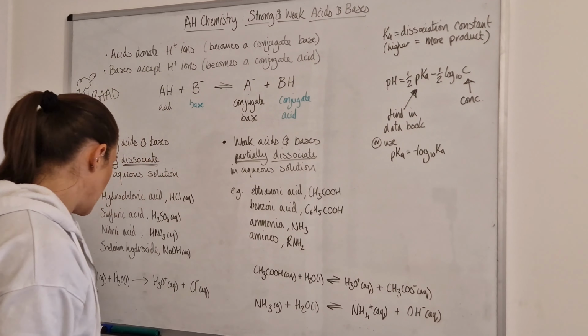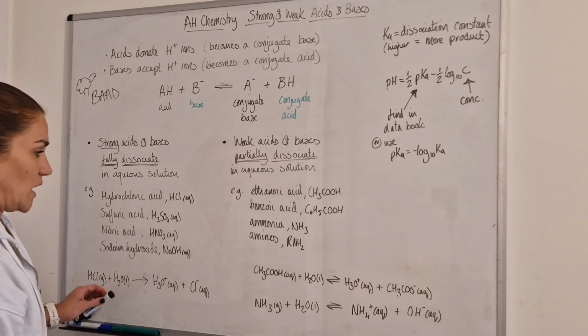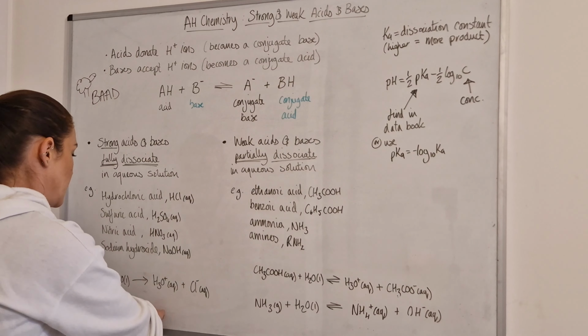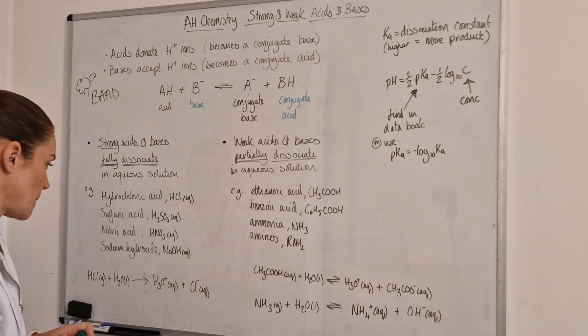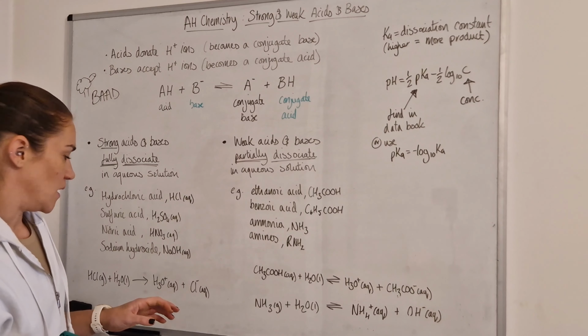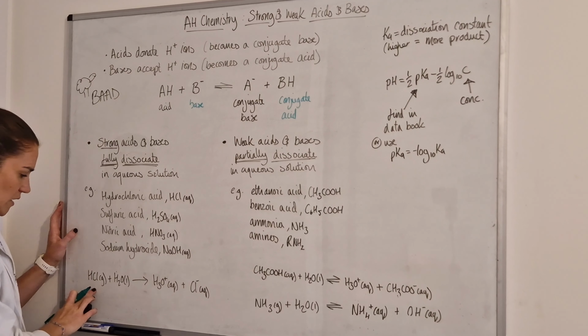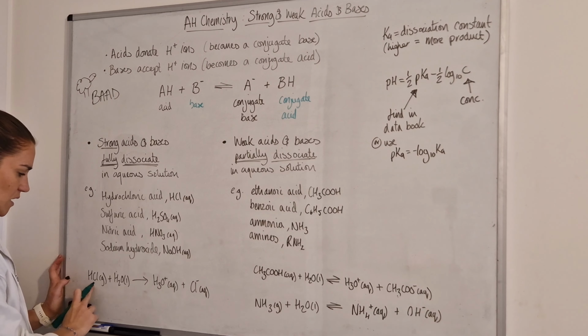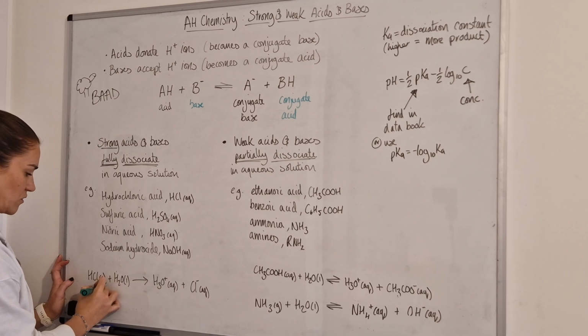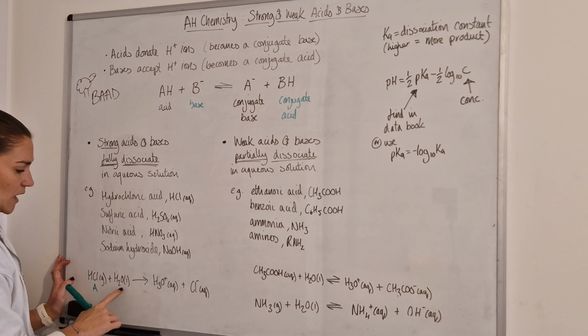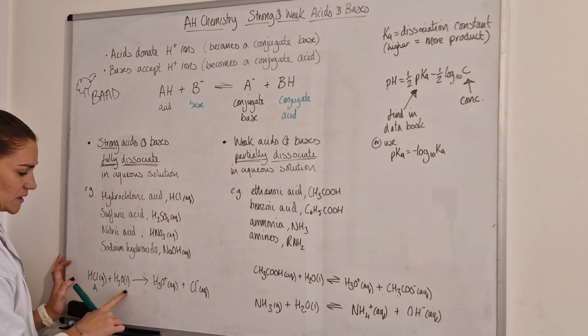Okay. If we go through some of these and look at the conjugate acids and bases, just to give you a bit more practice on that. If we look at this one here, this is our acid, because hydrochloric acid is an acid, and in this case the water is acting as a base.